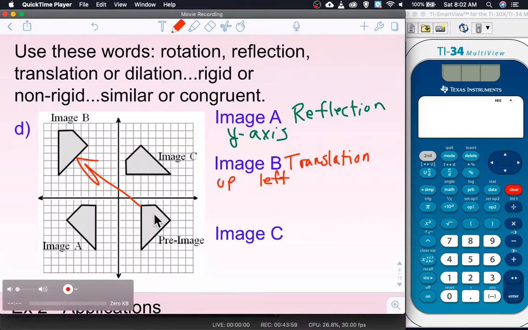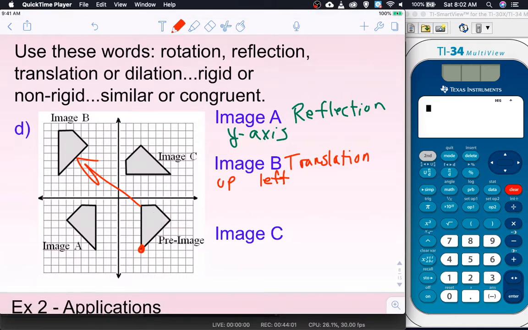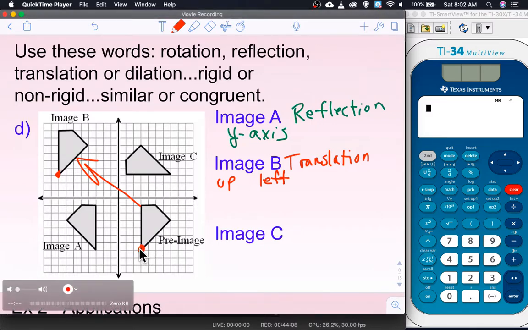I'm gonna pick this corner to there. You got to go from corresponding parts. So up how far? Up 1, 2, 3, 4, 5, 6, 7, 8, 9, 10. Up 10. And left 1, 2, 3, 4, 5, 6, 7, 8, 9, 10, 11.